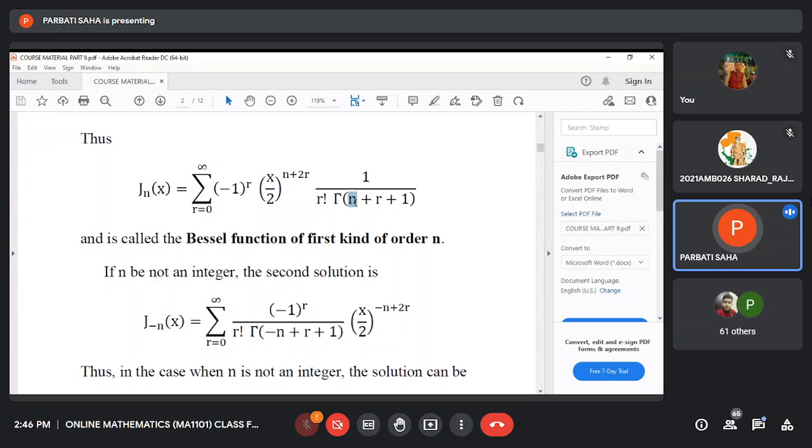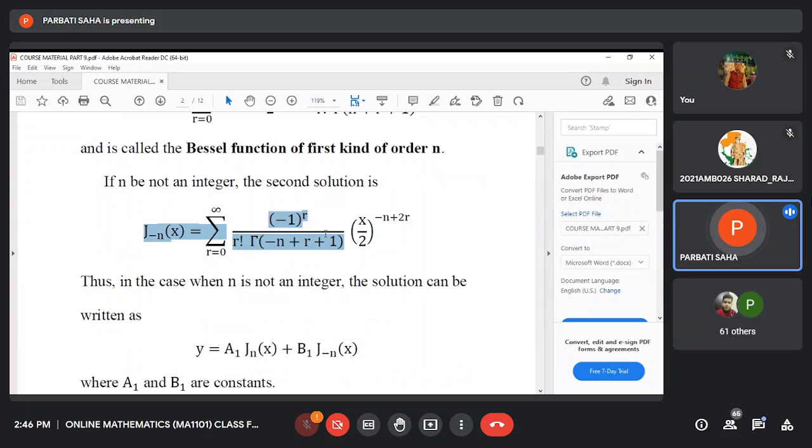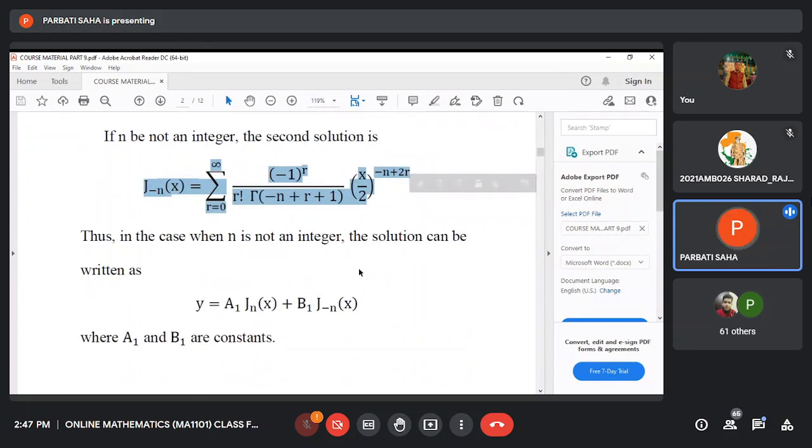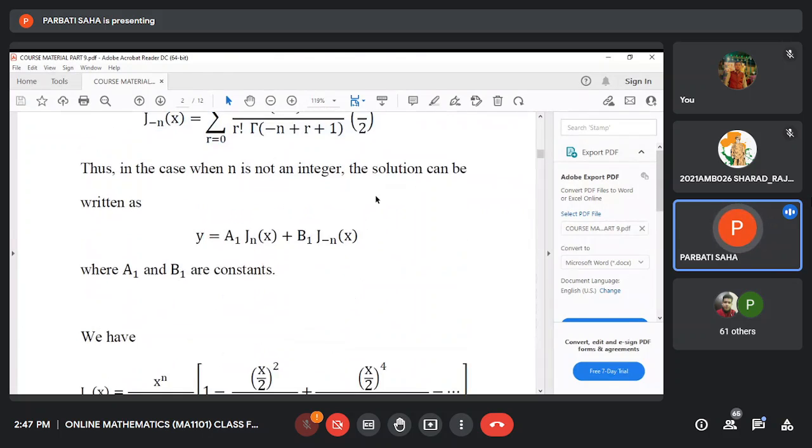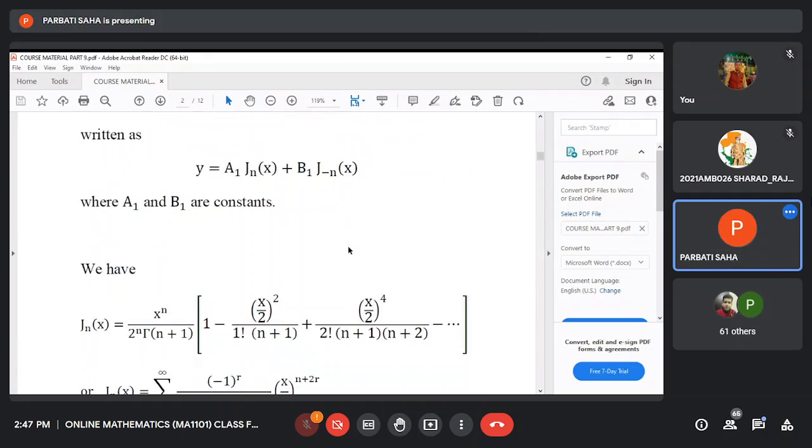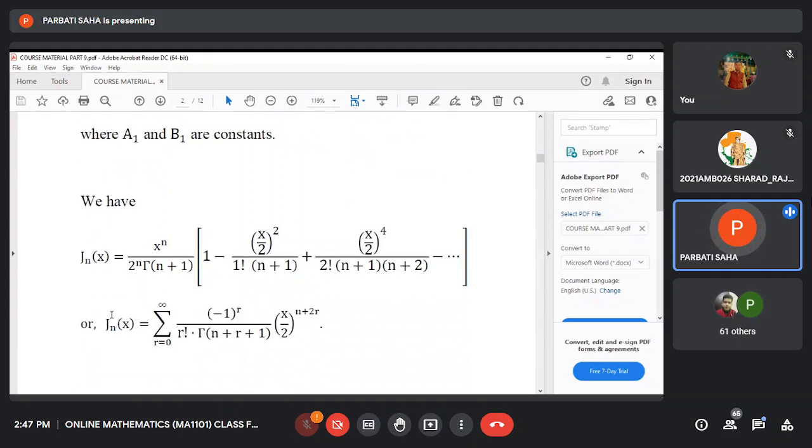So the solution can be rewritten as y equals a1 Jn(x) plus b1 J minus n(x), where a1, b1 are constants.